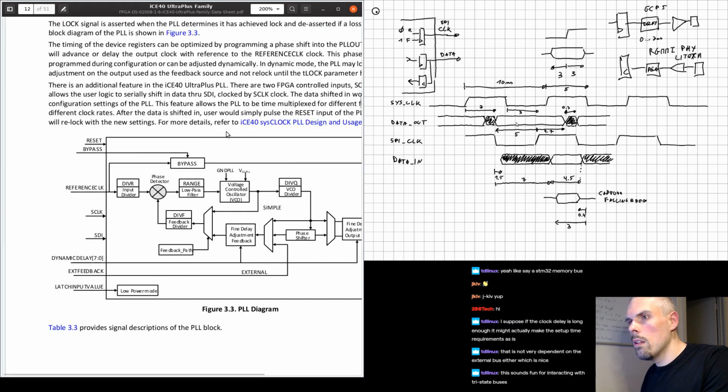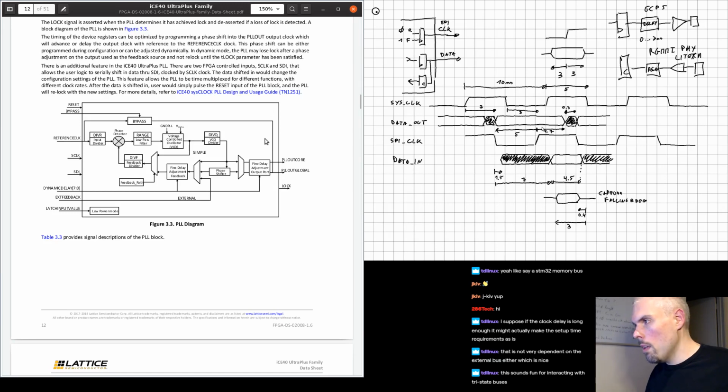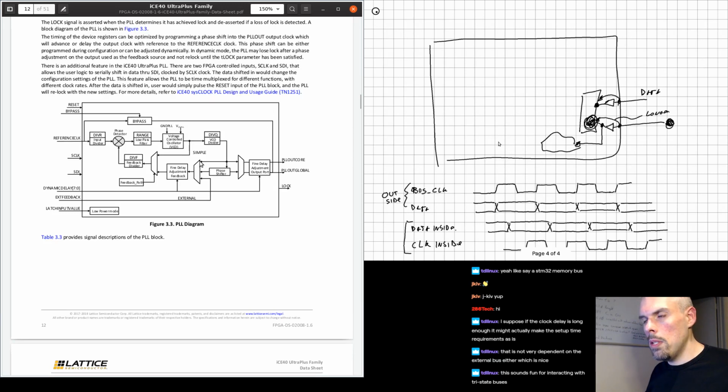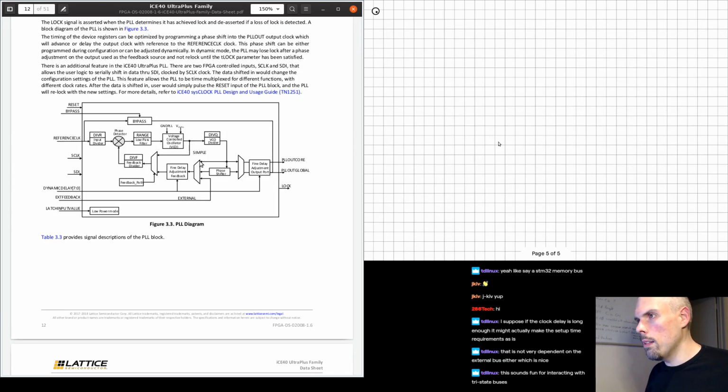Here. Okay. So that's the diagram of the PLL according to Lattice. It's lying.